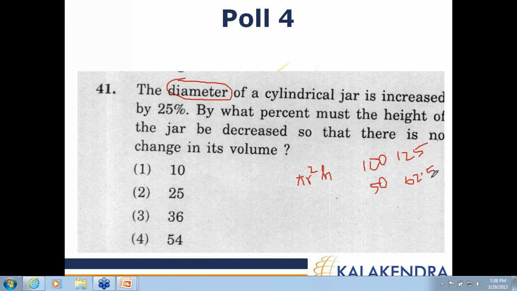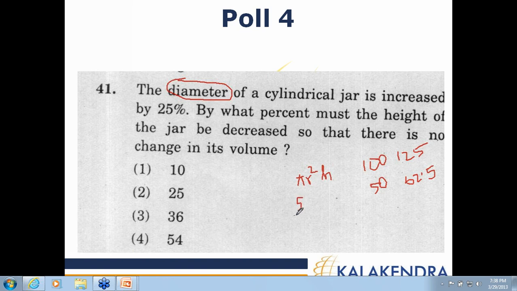So as far as percentage is concerned, the diameter change means also the radius change, by 25%. Which means that if my original radius was r, the new radius will be 5 by 4 times r.